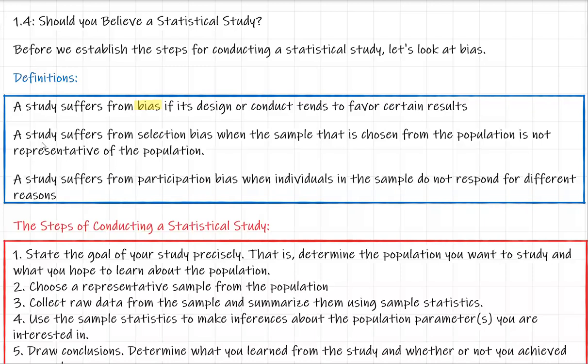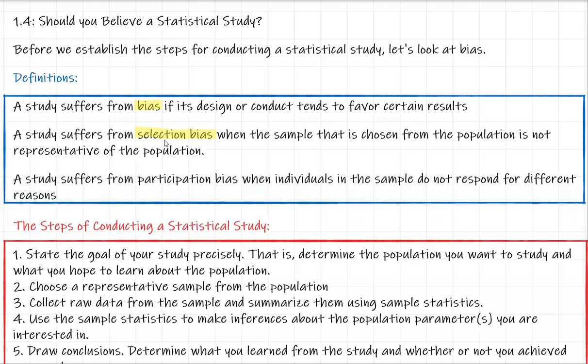One way is selection bias, and that happens when the sample that is chosen from the population is not representative of the population. So if I have a population that's, let's say, 51% female, 49% male, then a study that suffers from selection bias would mean that the sample they took doesn't reflect that percentage in any way, shape, or form.